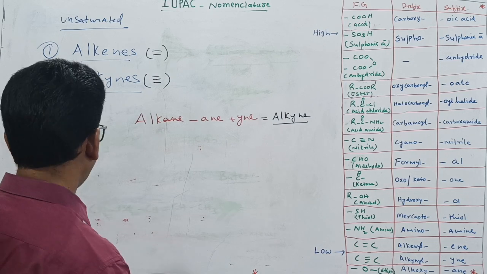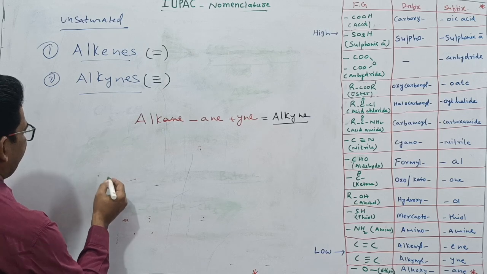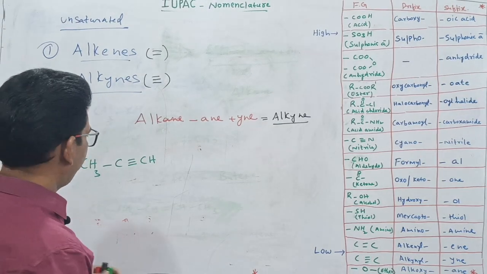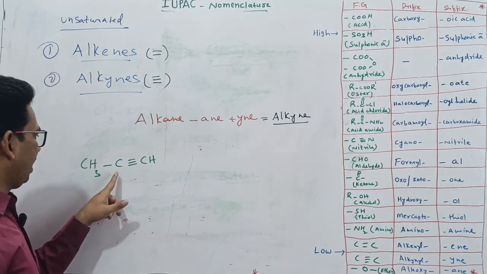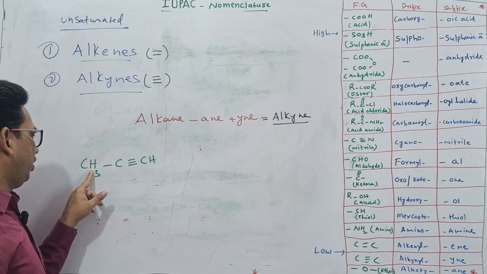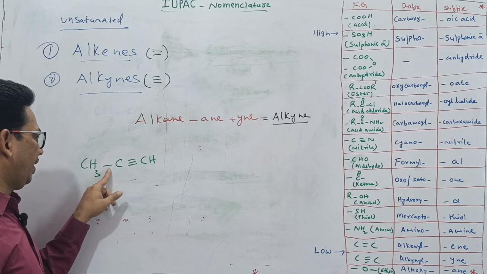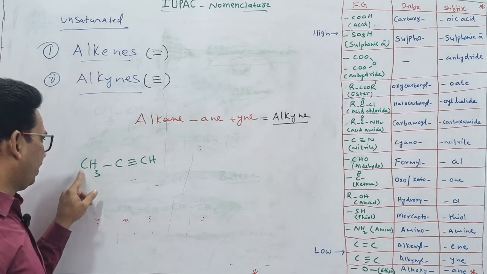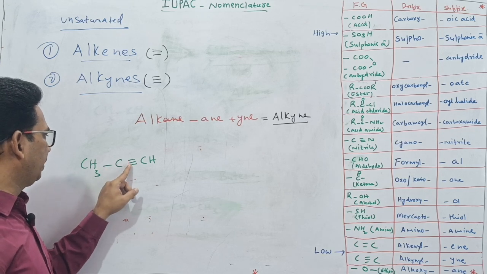Then we can try different examples. I will give one example. See, always we have to check that the valency is balanced in this case. See, carbon valency is how much? 4. Is it right? Here how many hydrogens are there? 3. Is it right? This is 1. A bond is nothing but 1. 3 plus 1, 4. This has valency 4. See this carbon? 1, 2, 3, 4.